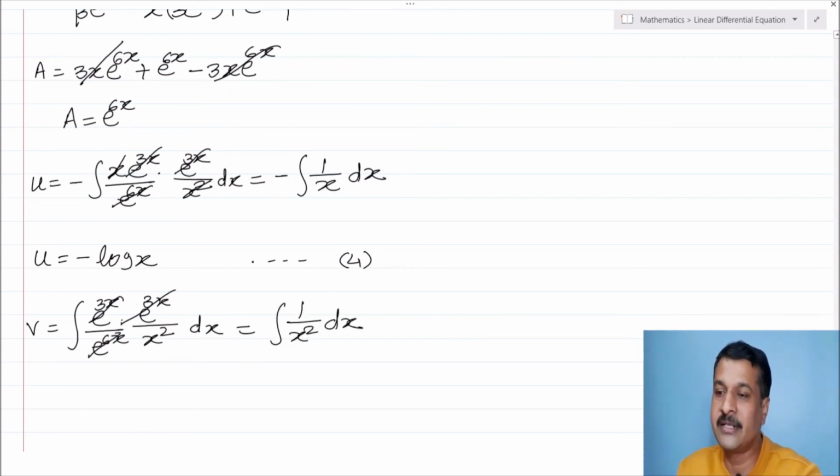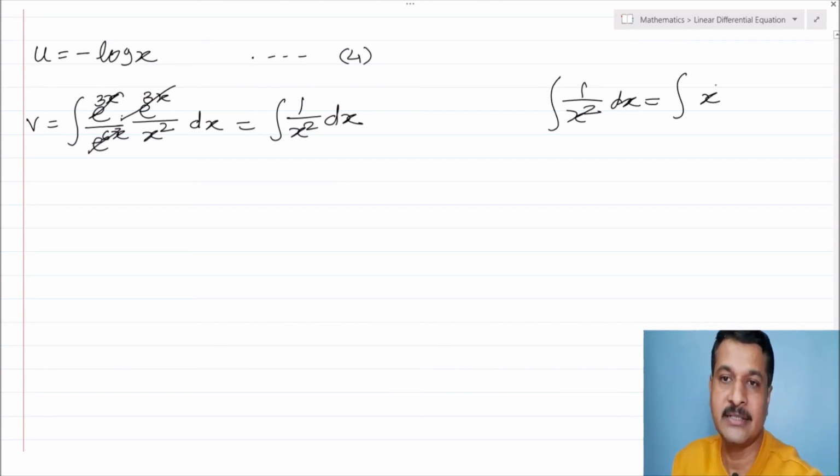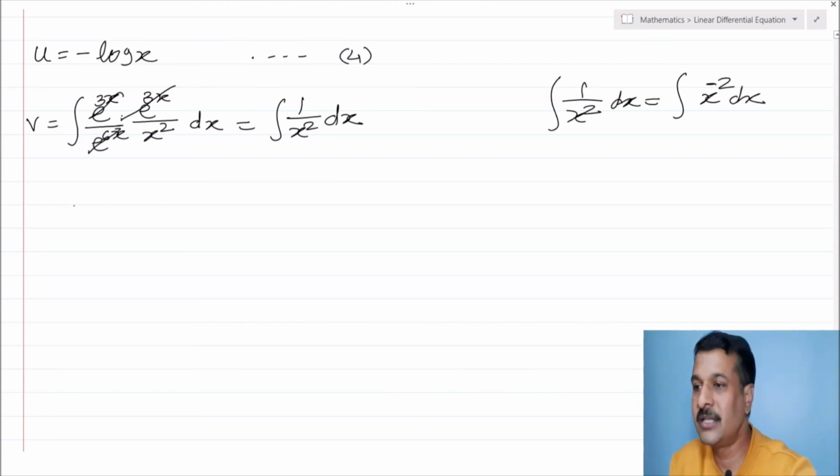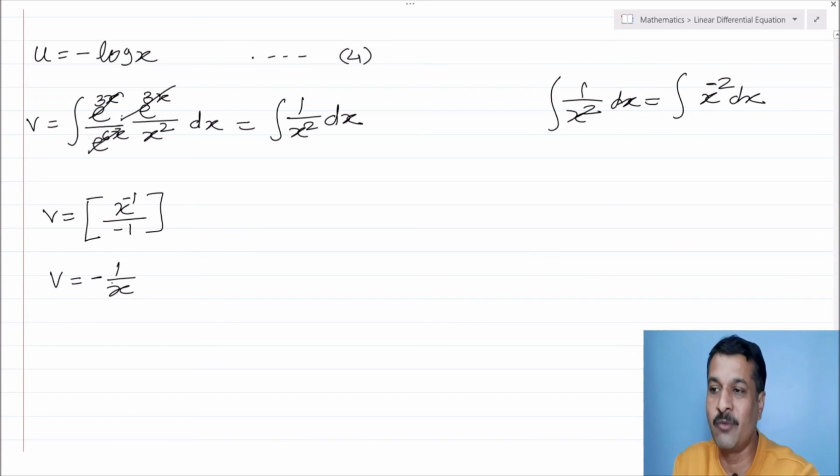So for this integration I can write 1 by x square as x raised to minus 2 dx. So therefore, what is v? Integration of this is x raised to minus 1 upon minus 1. And that is why v equals minus 1 by x, because x inverse is 1 by x. So this is your v.